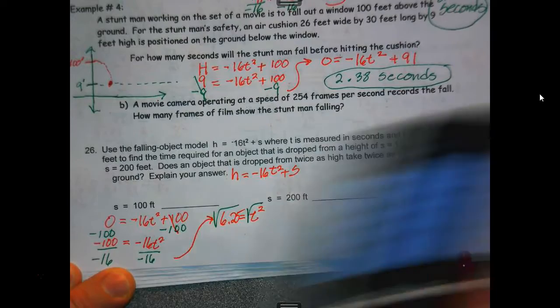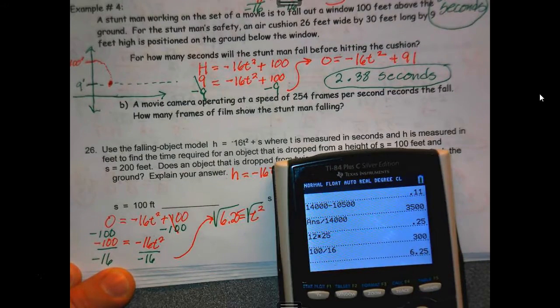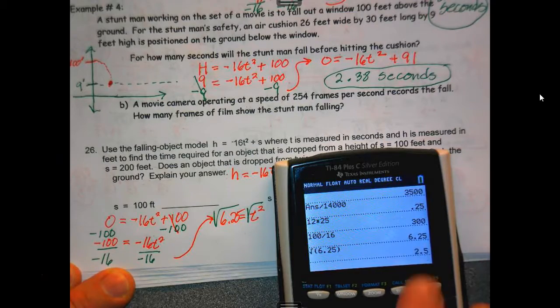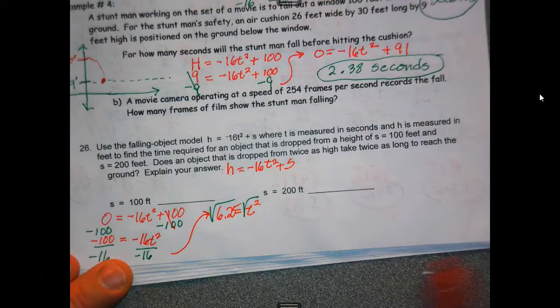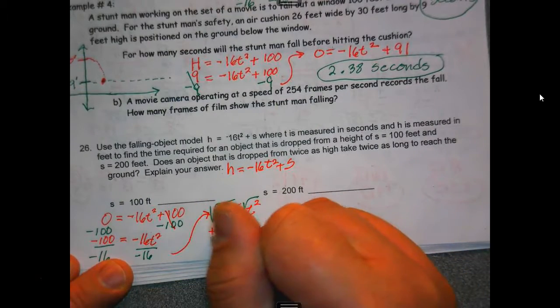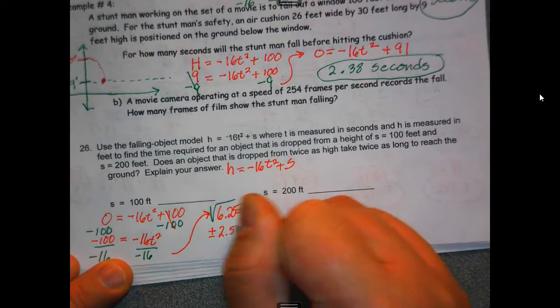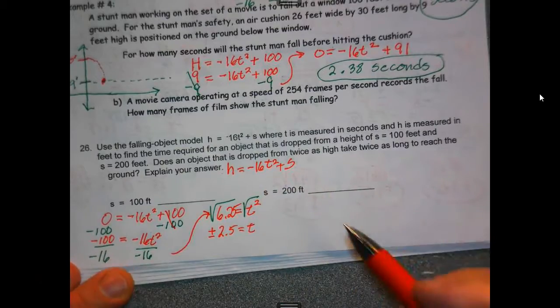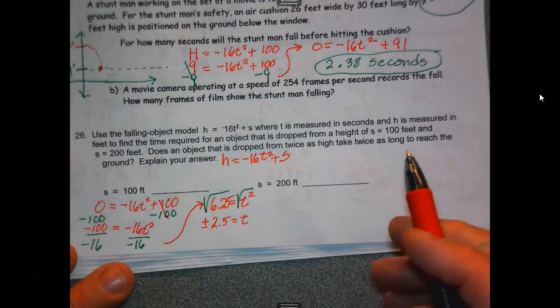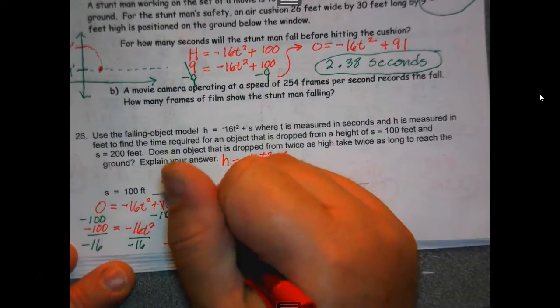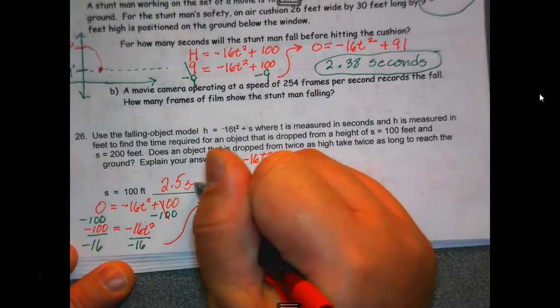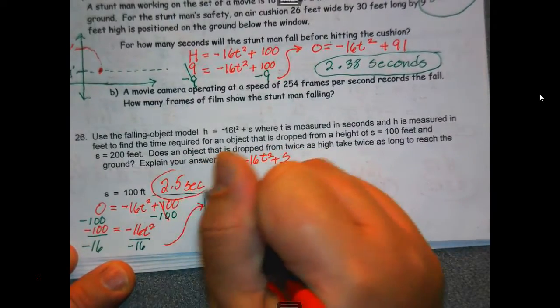So I'm going to square root 6.25. And I get plus or minus 2.5. But I don't really care about the negative because I'm dealing with time. So 2.5 seconds is for 100 feet.